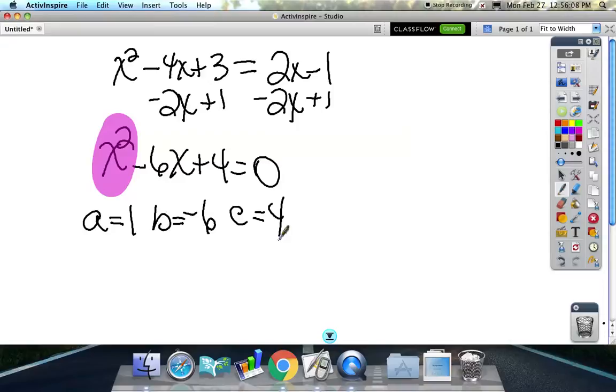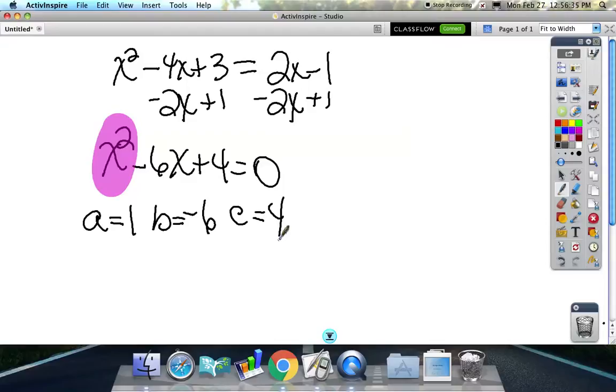Did you store 1 as A, -6 as B, and 4 as C? Press enter. I got square root of 5. Square root of 5 plus 3 is what you should get. Now, is that to a decimal place? 5.23. Hit the 2 arrows above enter.